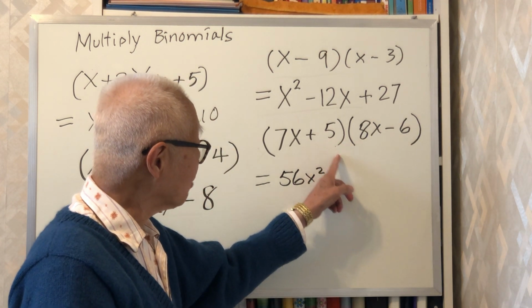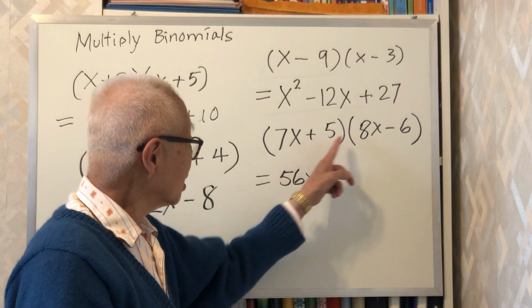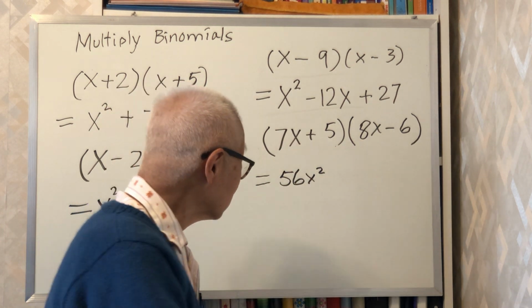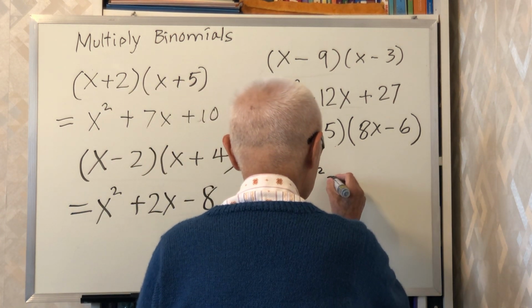The middle term is 5 times 8 minus 7 times 6. This is the middle term.